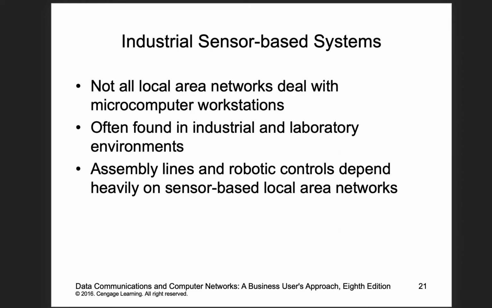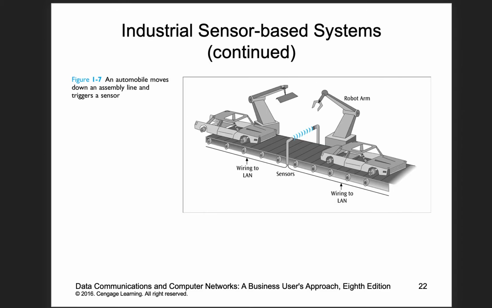Next we take a look at industrial sensors. Essentially it's not a local area network, and it can be found in a factory style environment, okay, in an assembly line, for example. We take a look at the picture. Here we have a car assembly.